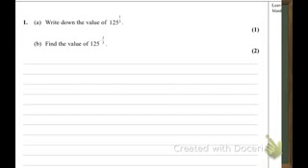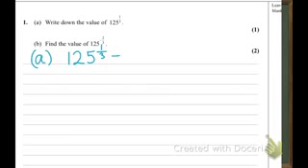Okay, so welcome back if you had a go, and let's see if you got the correct answer. Now, what you should know is that anything to the power of a third is equal to its cube root. So 125 to the power of a third is equal to the cube root of 125. And the cube root of 125 is 25.